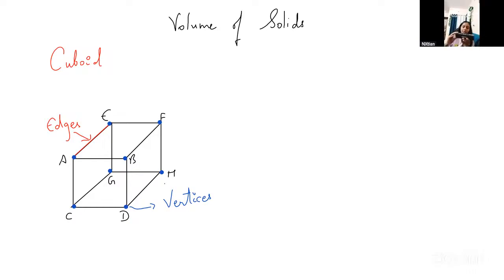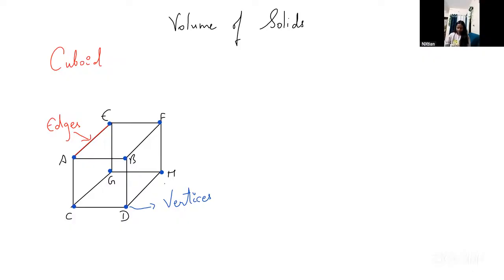And how many faces? Top 1, bottom 2, 3, 4, 5, and 6. So 6 faces. This is an example of a cuboid.